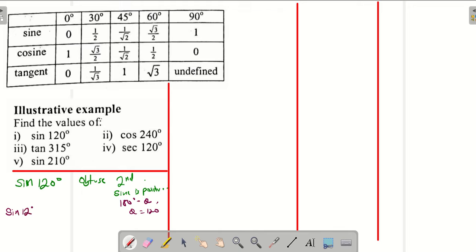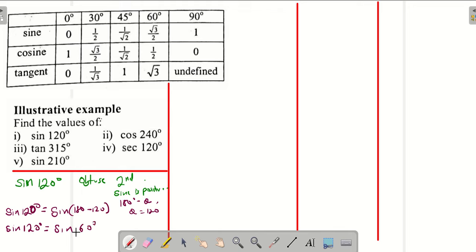Sine 120 degrees is equal to, since the question is asking us to find sine 120, sine 180 minus theta, where theta is 120. So sine 120 degrees is equal to sine of 180 minus 120, which is 60 degrees.